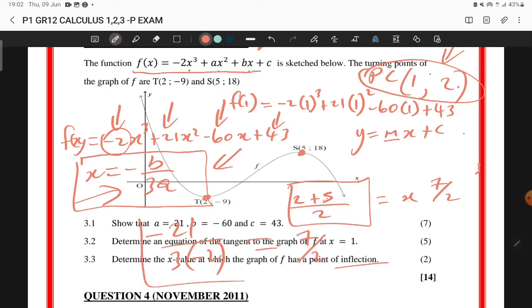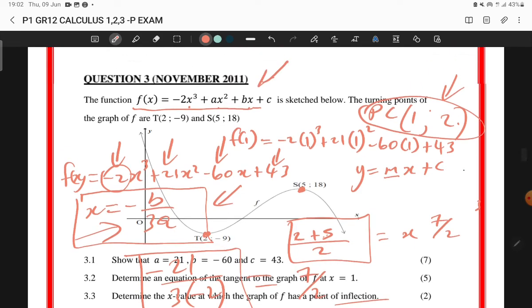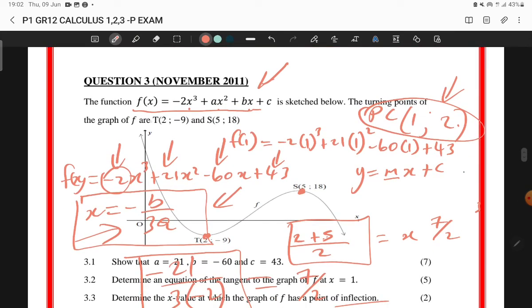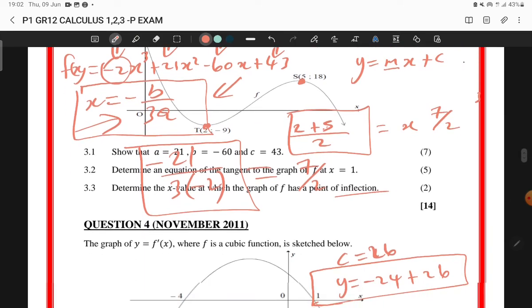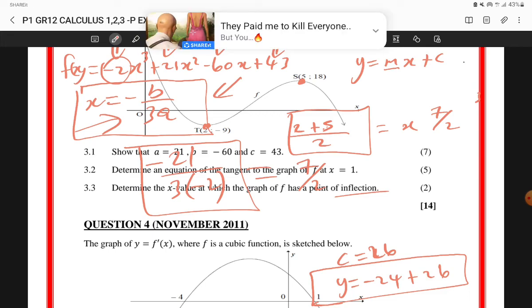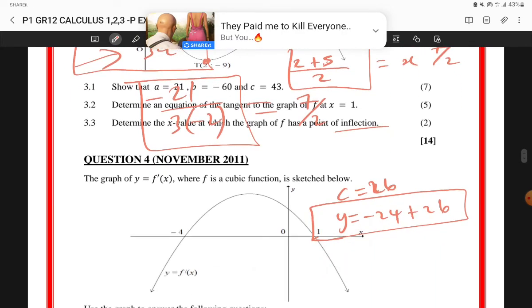Yes, so this is another way of calculating the point of inflection. Or you can differentiate your function twice, then set your second derivative equal to 0 to find the x coordinate of the point of inflection. Now we are done with this one.